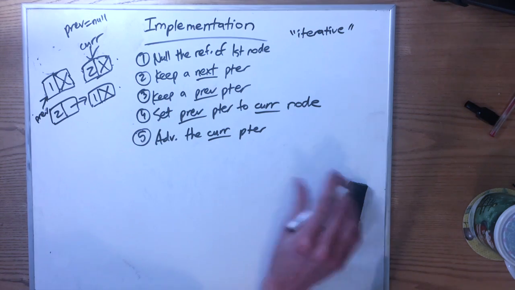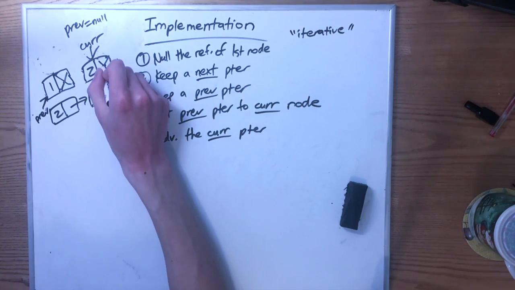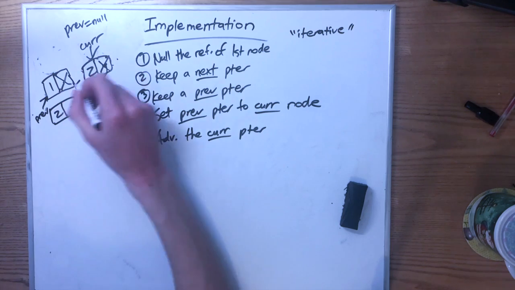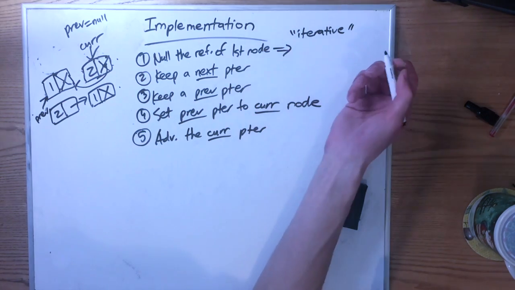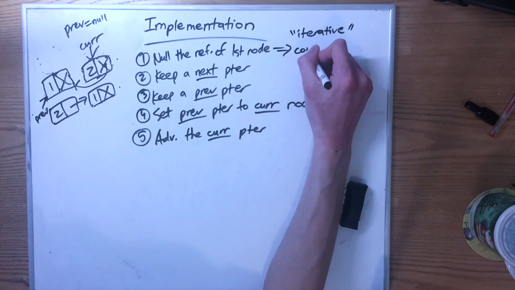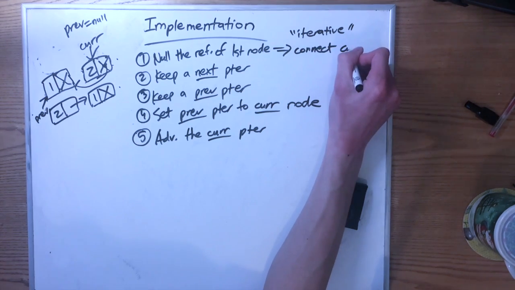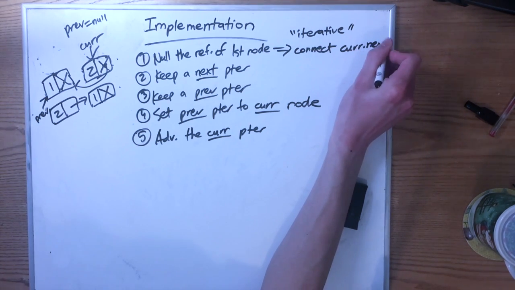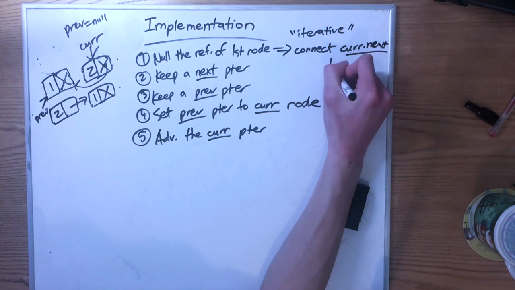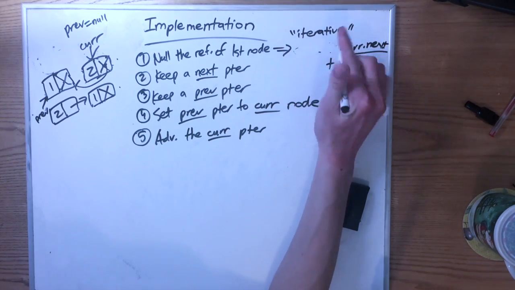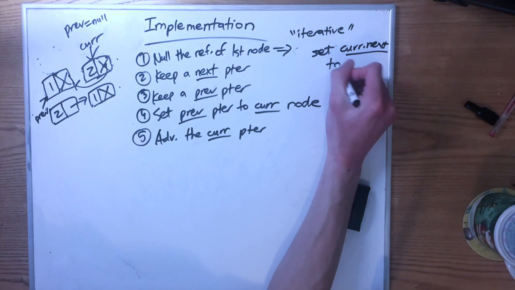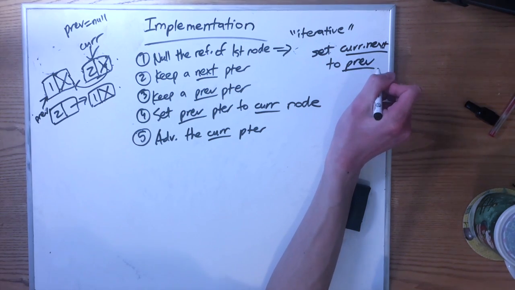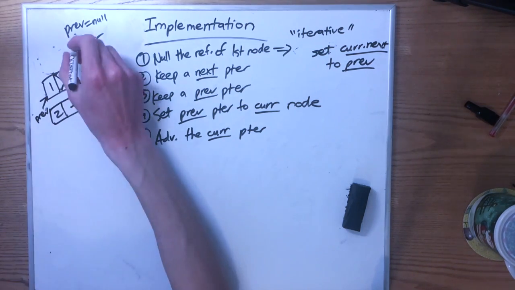Now you'll see, once we get over here, we're able to connect this back over here, because this step is pretty much the same thing as, sorry, it sets cur.next to prev. We saw that in the beginning, prev was null.